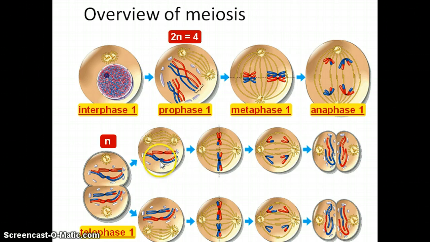So our two daughter cells, as we begin meiosis 2, are now haploid cells. They have half the number of chromosomes. If you're doing your count here, we have 1, 2, 3, 4 chromosomes here, and down here each of these cells only has 2 chromosomes.